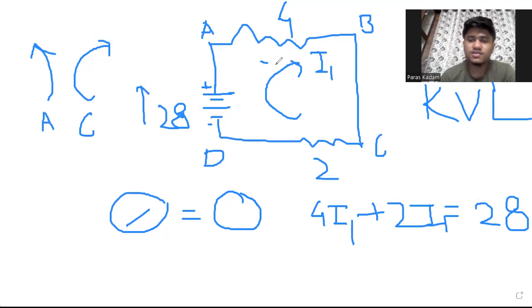According to the direction of current, if we move from 4 ohm to 2 ohm, we are moving in a clockwise manner. And when we come across this 28-volt voltage source, we are rising from the negative terminal to the positive terminal. That's why voltage is rising, and that's why I've written plus 28. In the next step, these two will be added and we will get 6I1 equal to 28.